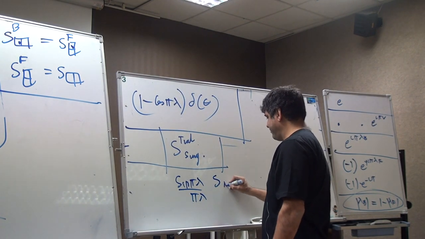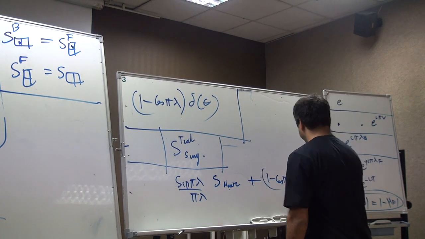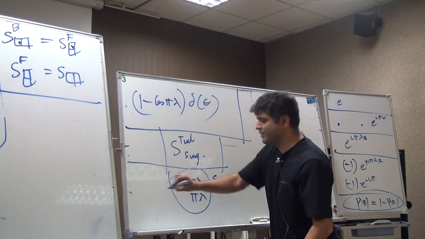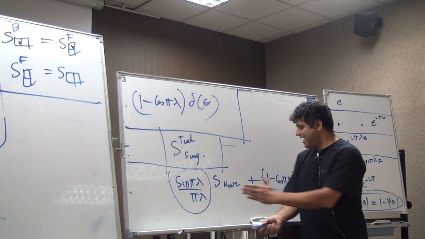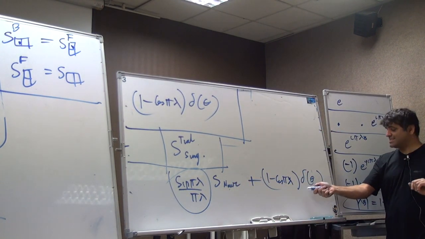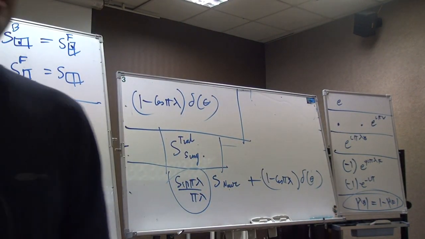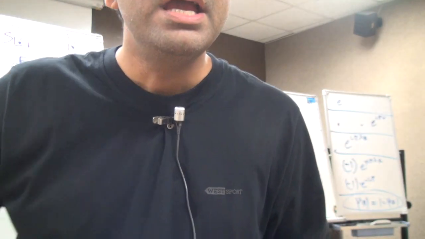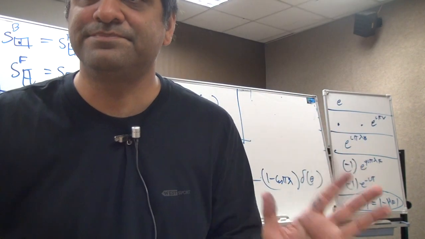So S naive plus 1 minus cos pi lambda delta of theta. If you analytically continue, just for some reason, which we'll turn to in a minute, add this factor by hand, and then add this additional piece, then it has the right non-relativistic limit. As you perhaps saw yesterday, the non-relativistic limit, including these contact interactions, which we've included here, was quite an involved thing. So the match with the non-relativistic limit was not a trivial thing.